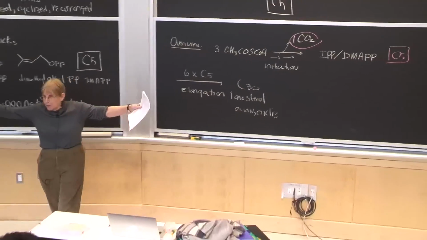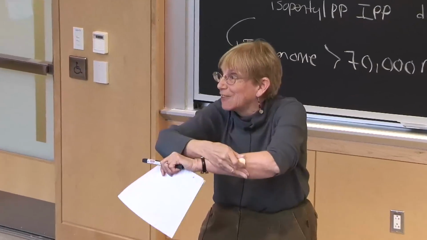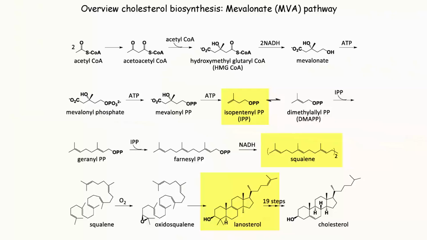We're going to put these things together to form a linear C30, and then they have to come together to form this guy. We're going to talk about this reaction because it's such a cool reaction. We're going to talk about how this linear molecule gets to this. That is the coolest reaction, in my opinion, in biology.